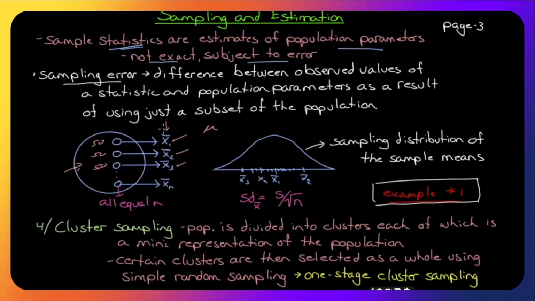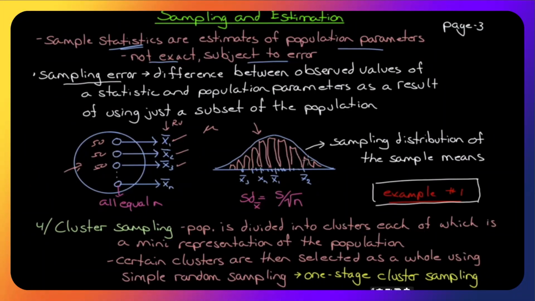So you can conceive of the mean of the sample being a random variable. If it's a random variable, it will have a distribution. So if we took all these means and drew a histogram over lots of different samples, we would get a normal or approximately normal distribution.